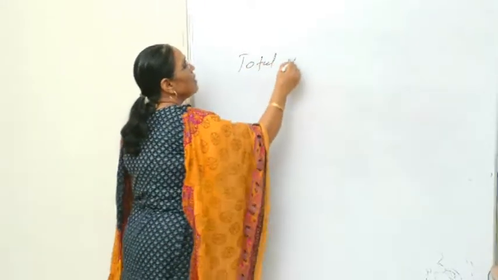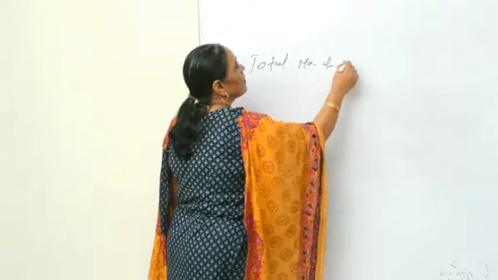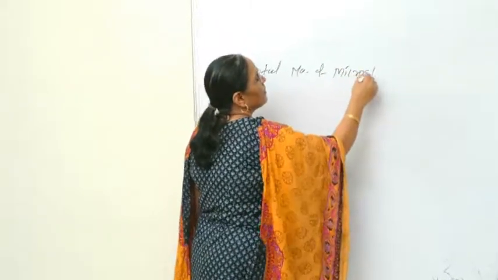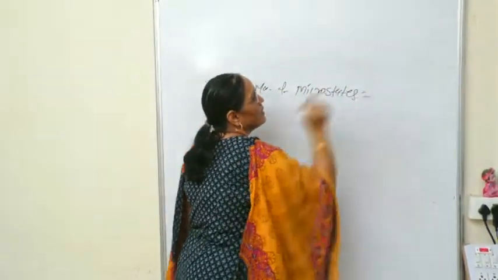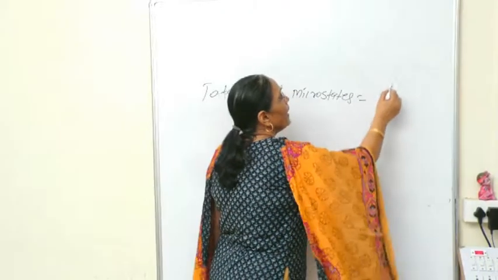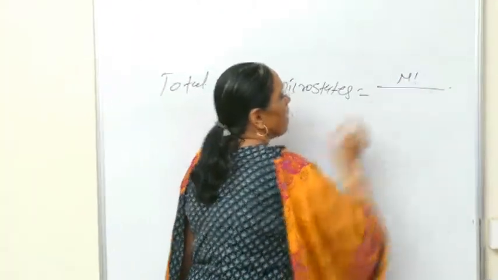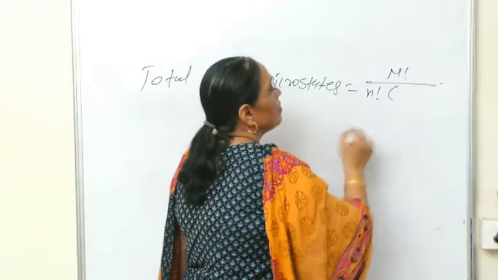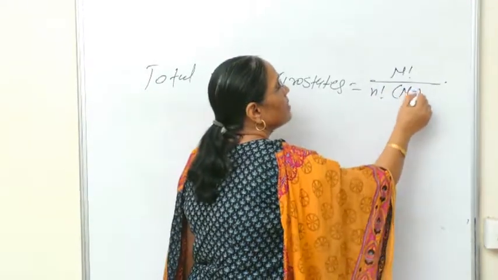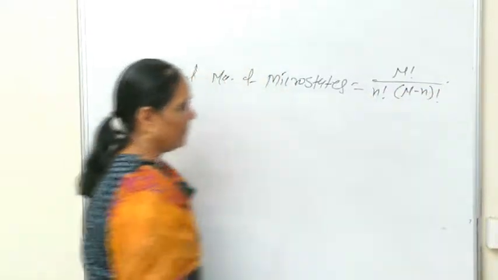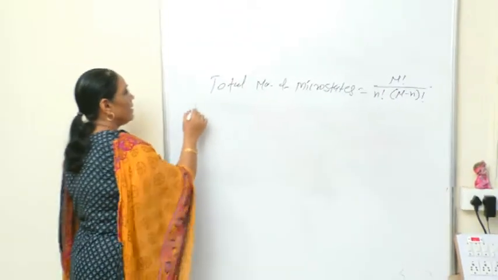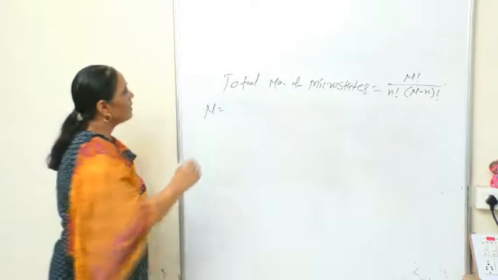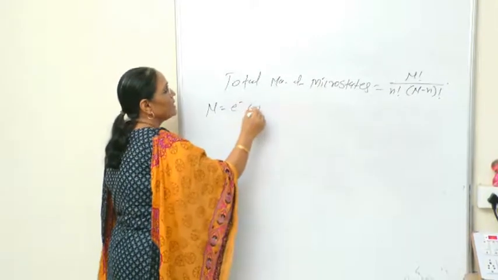Total number of microstates is equal to N factorial divided by small n factorial into (N minus n) factorial. What is N? Capital N is the electron capacity.